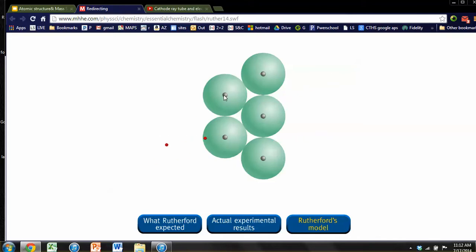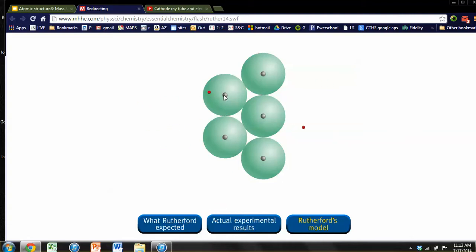What's also kind of crazy is that almost all of the mass, 99.999 whatever percent of it, is concentrated right there in the nucleus. So the nucleus is really small, really dense, and the rest of the atom is empty space. The fact that we see things as solid is really more of an illusion than reality.